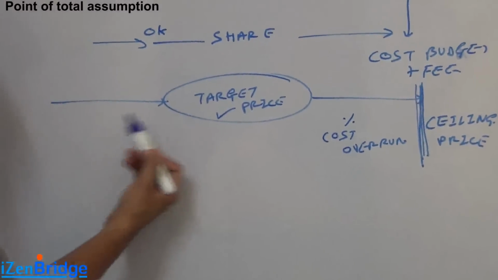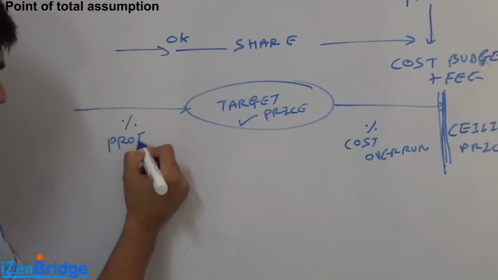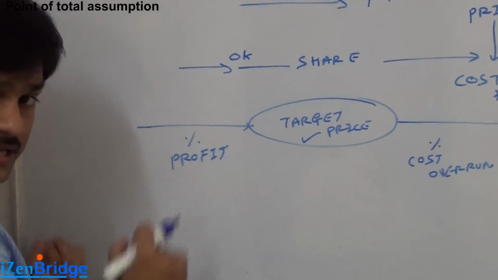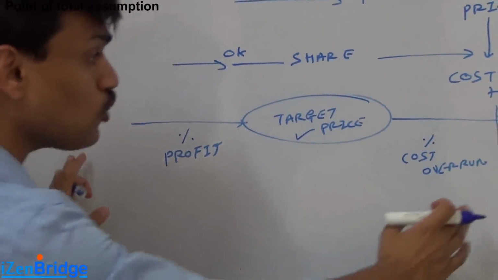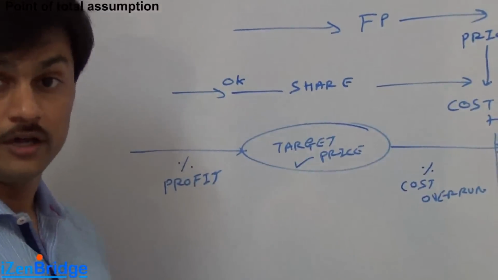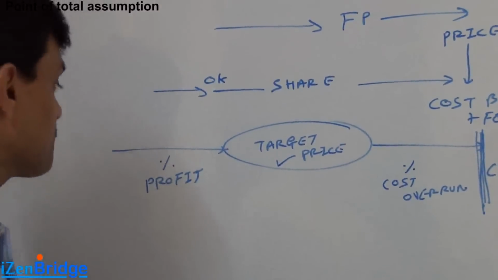If you do it in less than the target price, I will share the profit, or the money saving from the target price. Both of them agree to it. And this type of agreement is called fixed price with incentive fee.